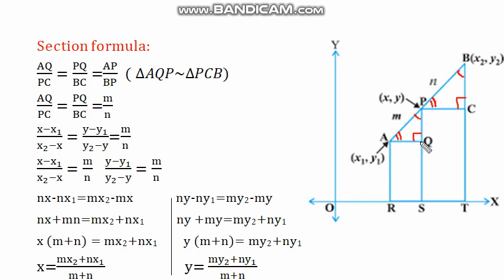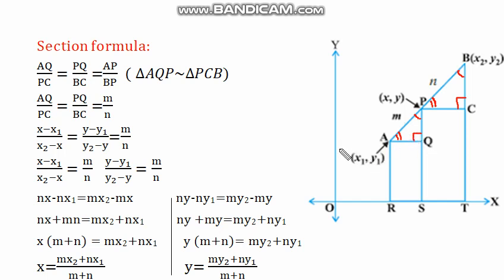So already we discussed in the distance formula how to find out the distance. So AQ. Here, what is the coordinate? X coordinate of Q is x, which is the distance from the Y axis. Take the point A, whose X coordinate is x1, because that is the distance from the Y axis.